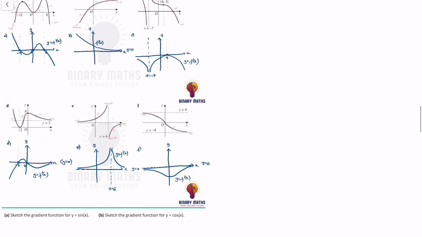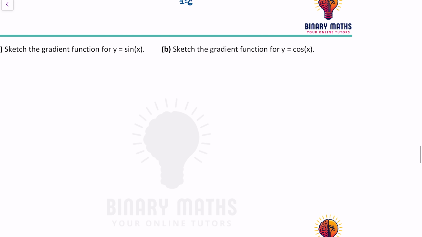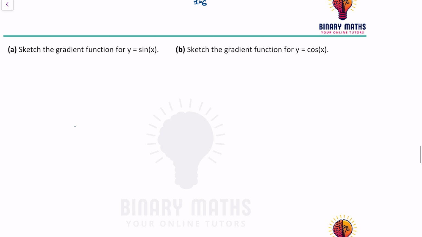Okay, there's one more I'm going to go through, which is sketch the gradient function for y equals sine x. So if I were to draw it only from minus 360 to 360, so this is x and y. I know that the sine x graph goes from 1 to minus 1.